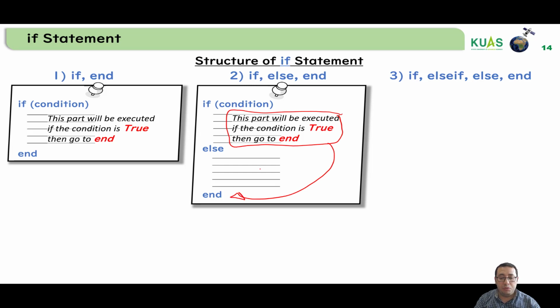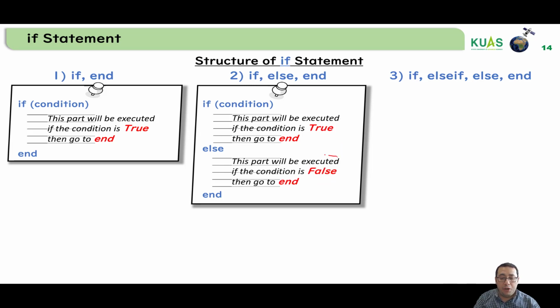So the part after else will not be executed. But what if the if condition output was false? Then this part will be executed and then go to end. So finally, only one of these two will be executed.